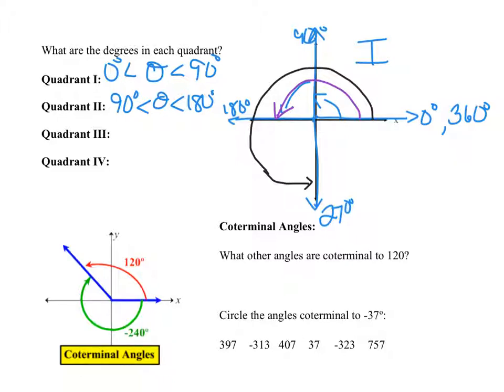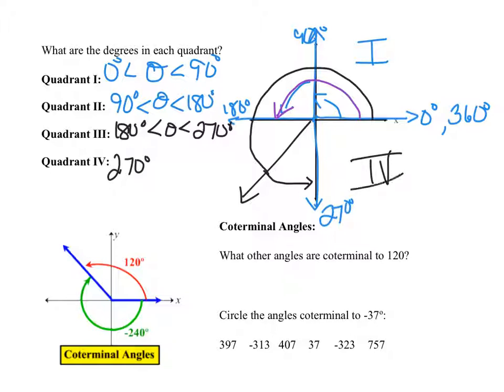So that would be somewhere between 180 and 270. We're just talking about what if my angle terminated in quadrant 3, it would be somewhere between 180 degrees and 270. That's all I'm trying to get across here. And then finally, quadrant 4 would be somewhere between 270 and 360. And I lost the little less than symbol.